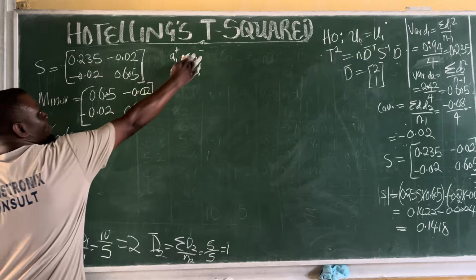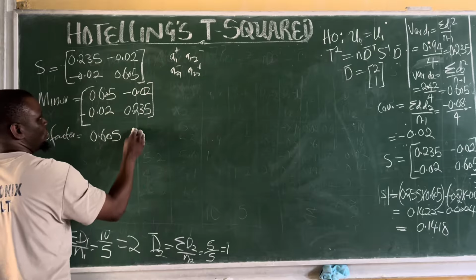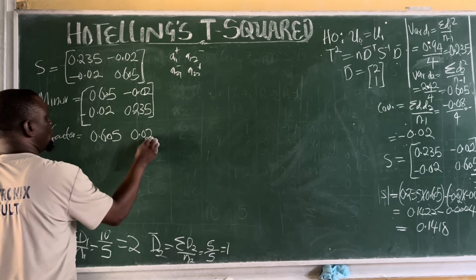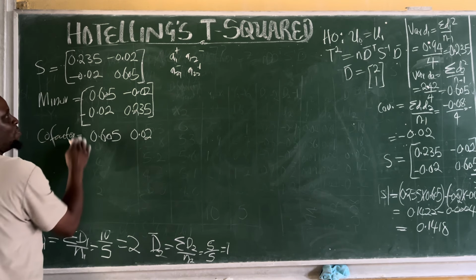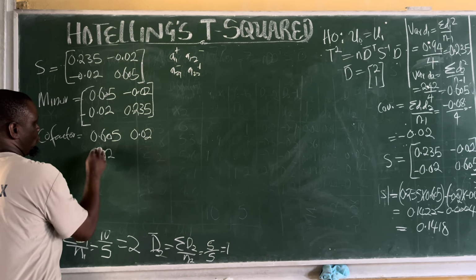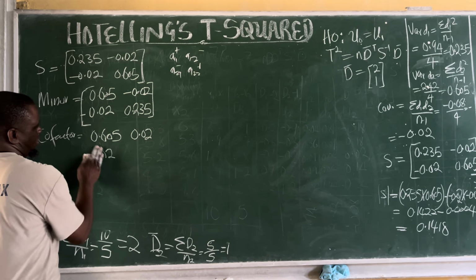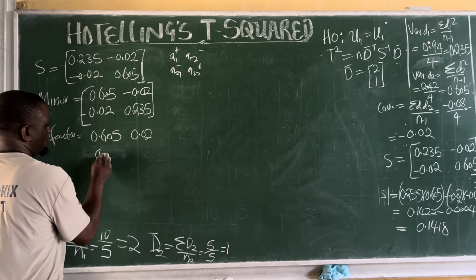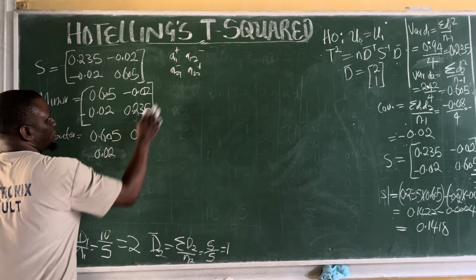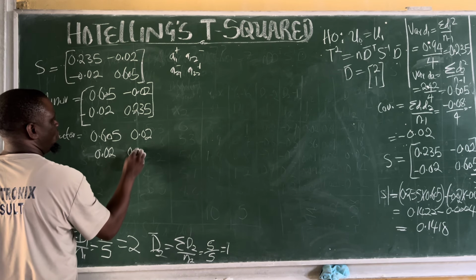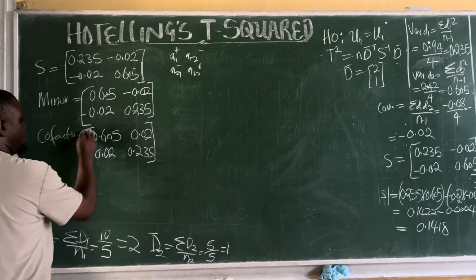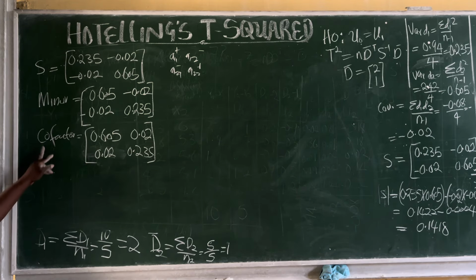The second one is minus. Times this minus, so it's going to make this a positive value, 0.02. This is minus. Times this minus to make it a positive value, 0.02. And then this is plus, 0.235. Okay, so that's the cofactor.